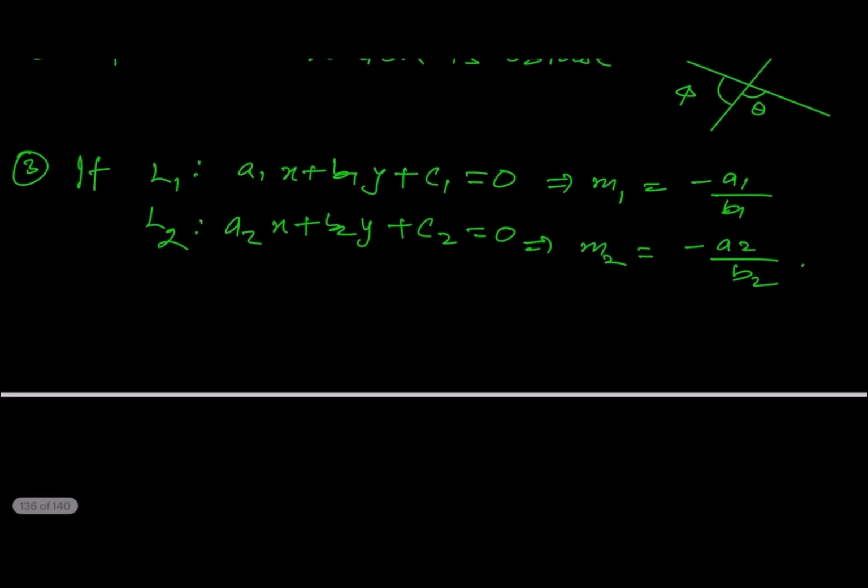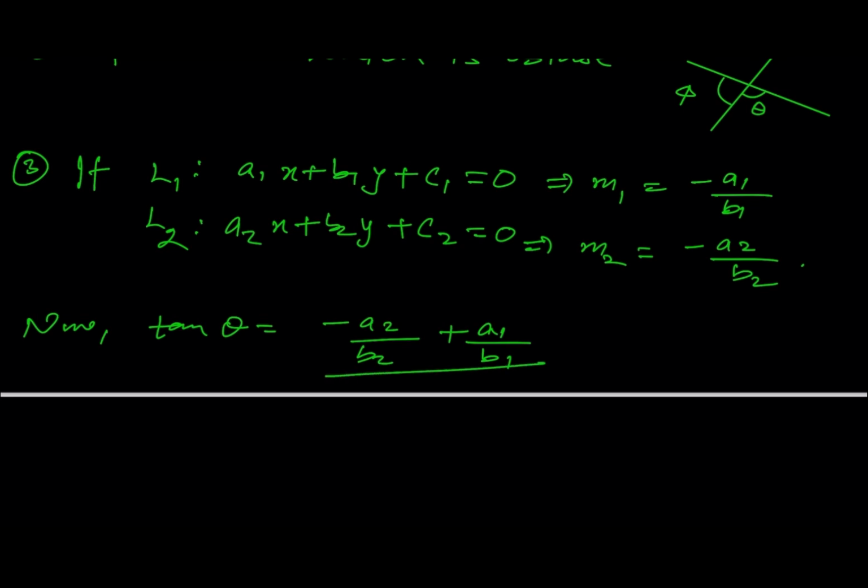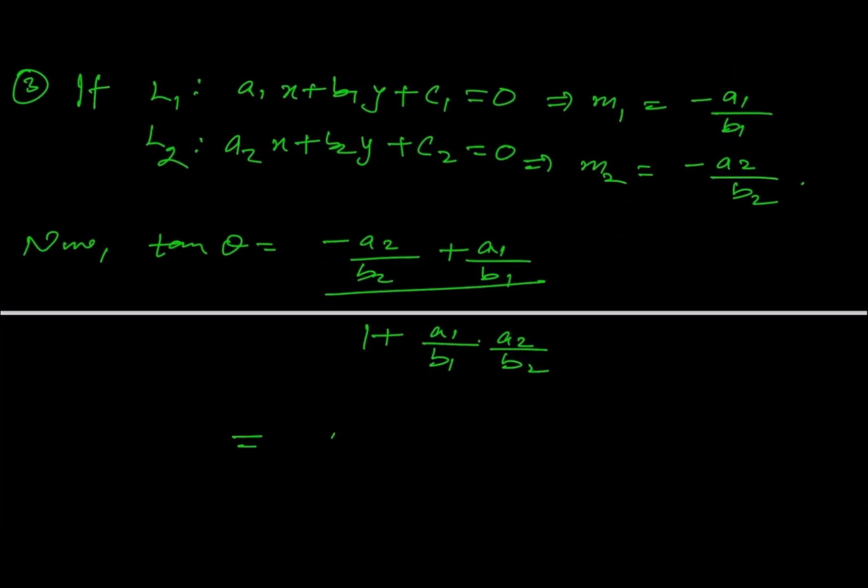Now tan theta will become m1 minus m2 upon 1 plus m1 m2, that is minus a1 upon b1 plus a2 upon b2 upon 1 plus a1 upon b1 into a2 upon b2, right? So this will be a2 b1 minus a1 b2 on a1 a2 plus b1 b2. This is tan theta.